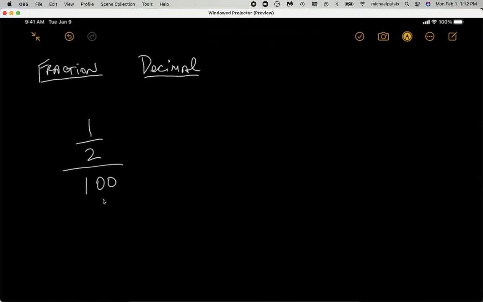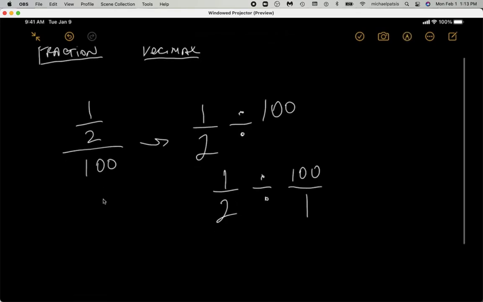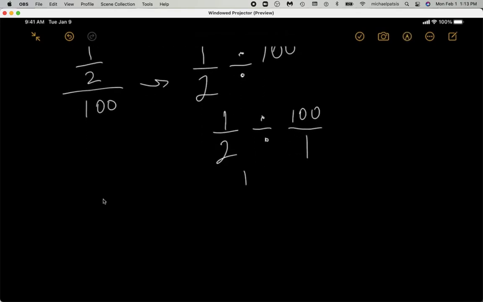Well, there's 2 ways to do it. The first way is to rewrite this as 1/2 divided by 100, which is the same thing as 1/2 divided by 100 over 1. And now, because we're dividing 2 fractions like this, we're going to use keep, change, flip.